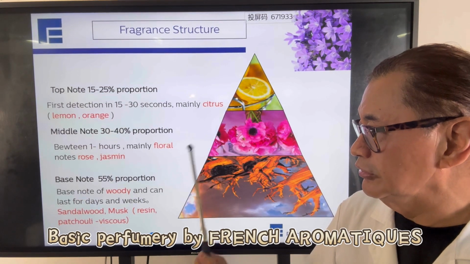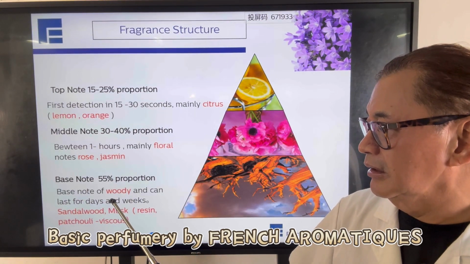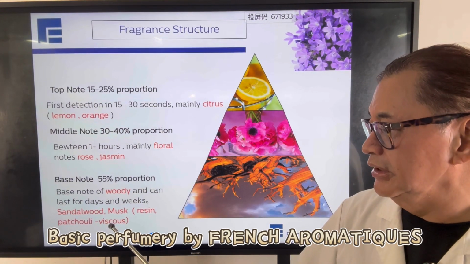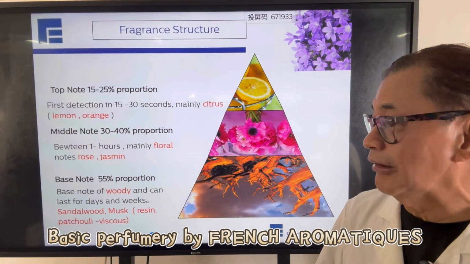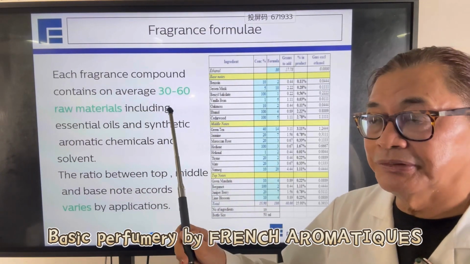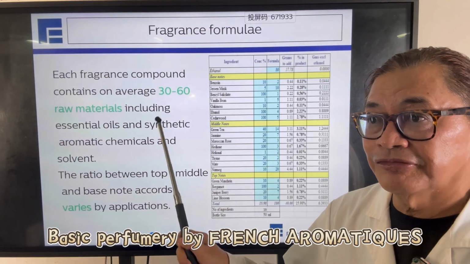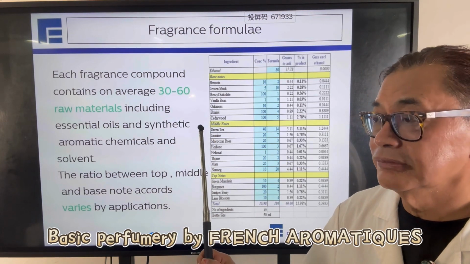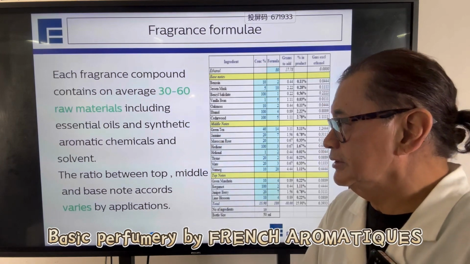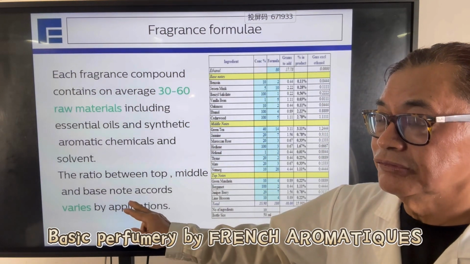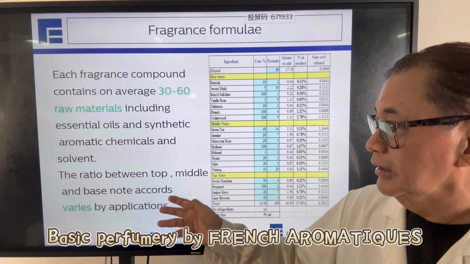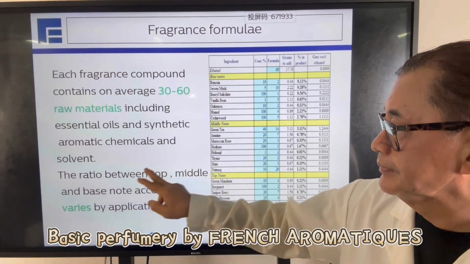And the base note could be woody, musk, or a more viscous or powder product. So this is a simple formula. It could consist of 30 to 60 raw materials, a mixture of synthetic and naturals. The application will vary according to what solvent you use.